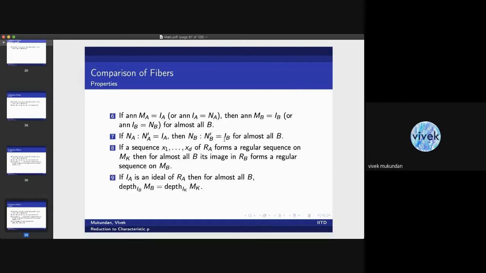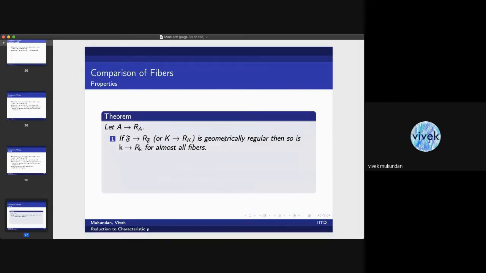So the depth, dimension, regular sequence, colon, intersection, annihilators, everything can be preserved for almost all fibers. So once you have this type of notion, if R is geometrically regular, then the fiber RK will also be geometrically regular for almost all fibers. And this can be checked by using the Jacobian criterion for regularity.